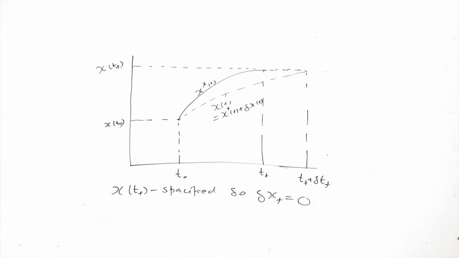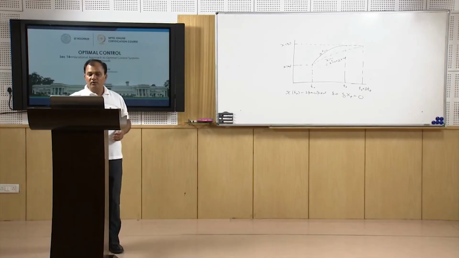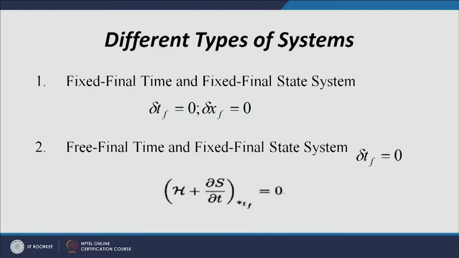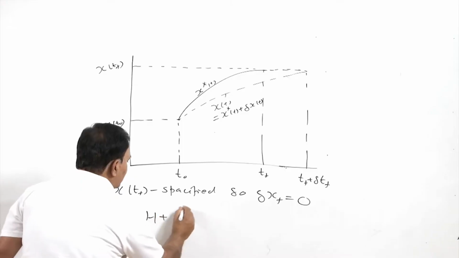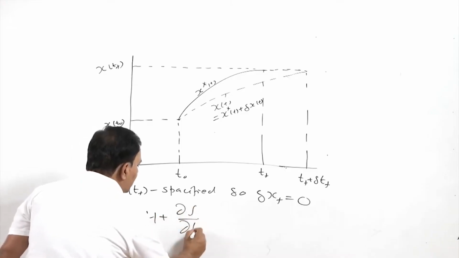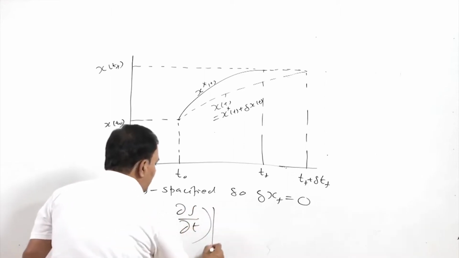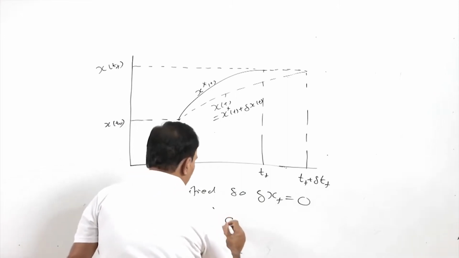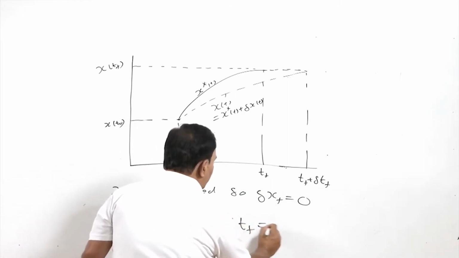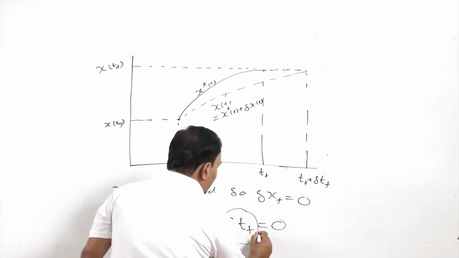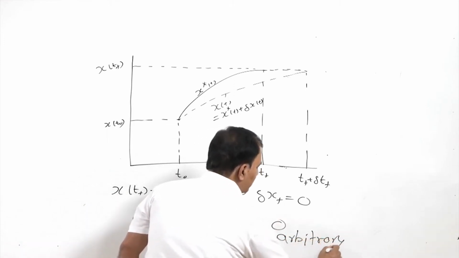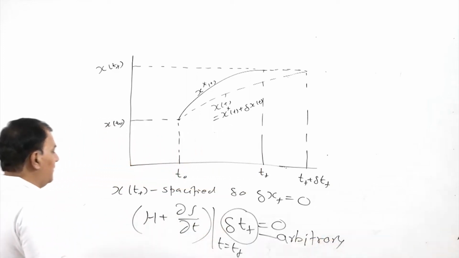So, what is left is H plus del S by del T at T equal to TF, times delta TF, that must be equal to 0, and this delta TF is arbitrary.